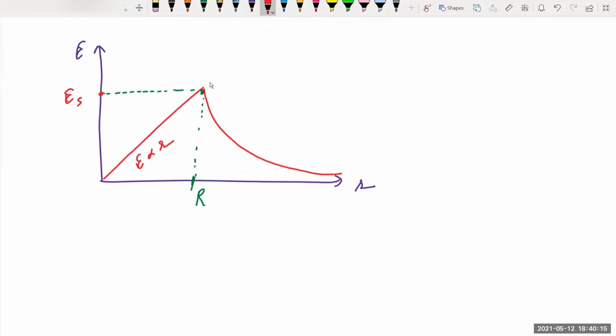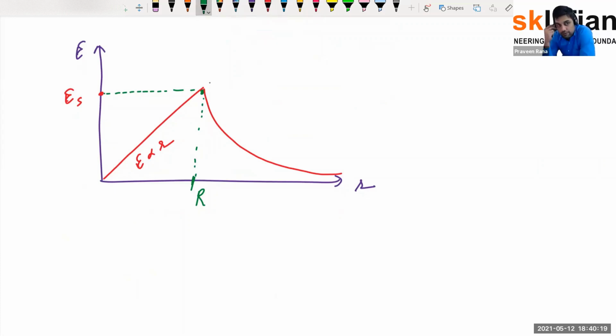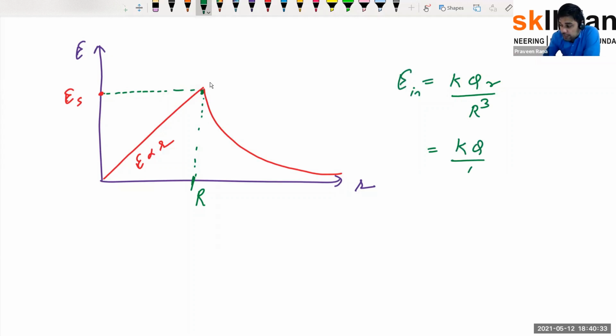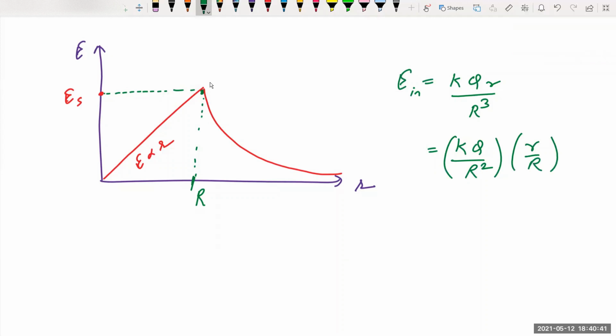Now, for a non-conducting sphere, we have three formulas for inside, which are represented in different ways. First, we had electric field inside as K Q r over R cubed. You can change this formula as K Q over R squared times r over R. So what value does K Q over capital R squared, the first bracket, denote?